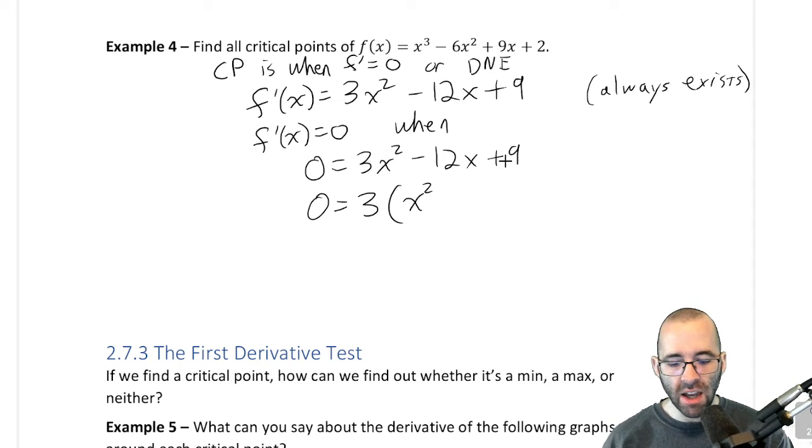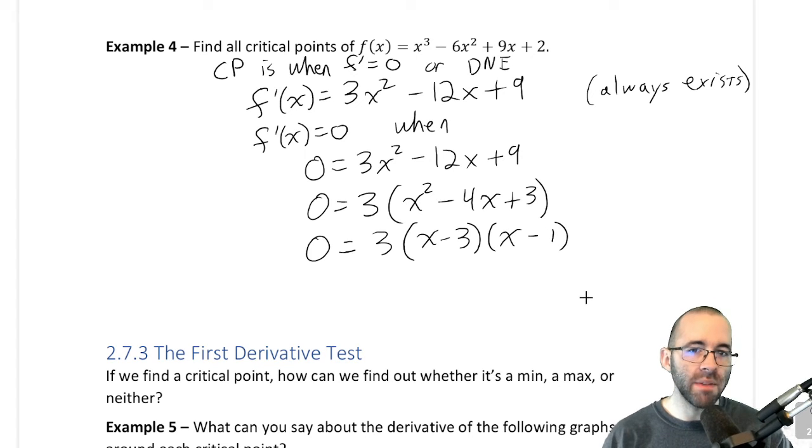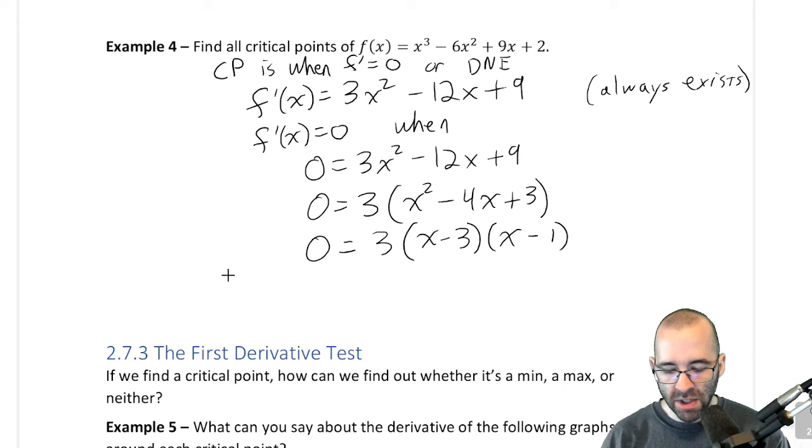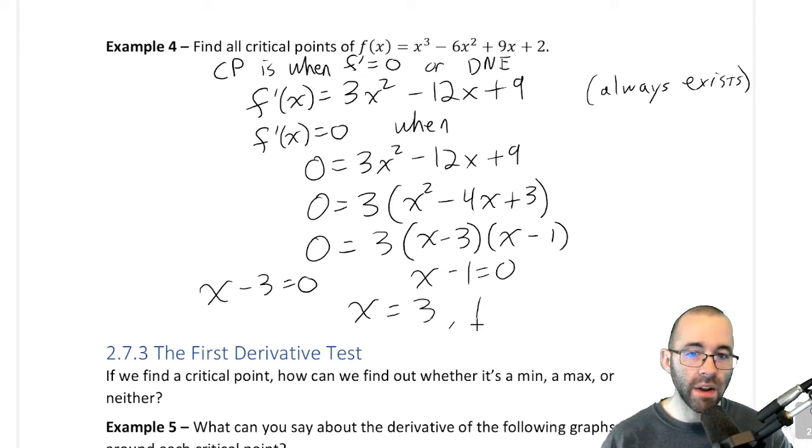We get x squared minus 4x plus 3, and we're going to keep factoring. We need two numbers that multiply to positive 3 and add to negative 4. We'll get x minus 3 and x minus 1. These will equal 0 only when each piece is equal to 0. And we get x equals 3 and 1.